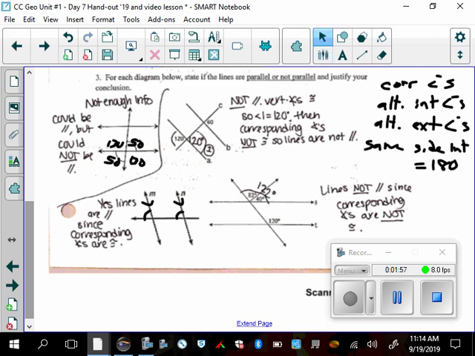So in the first one, we knew that those vertical angles are the same, but we don't know anything about up here, so we can't justify that with any of the four that I just mentioned.